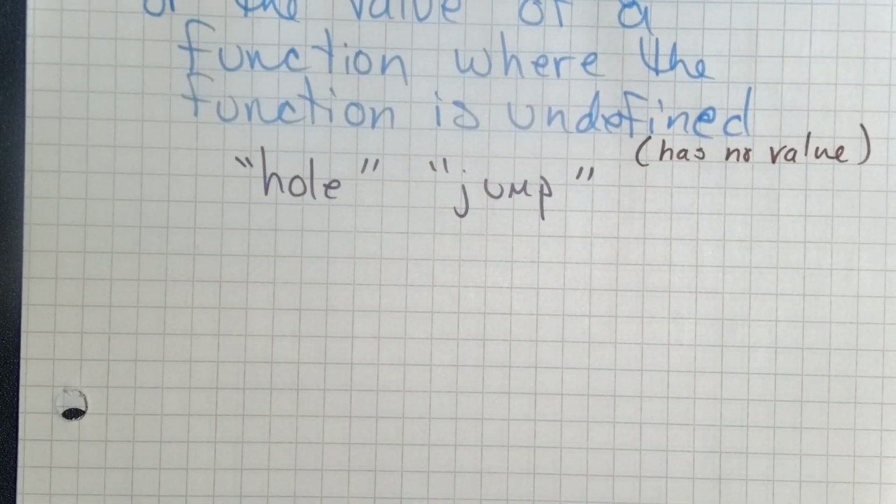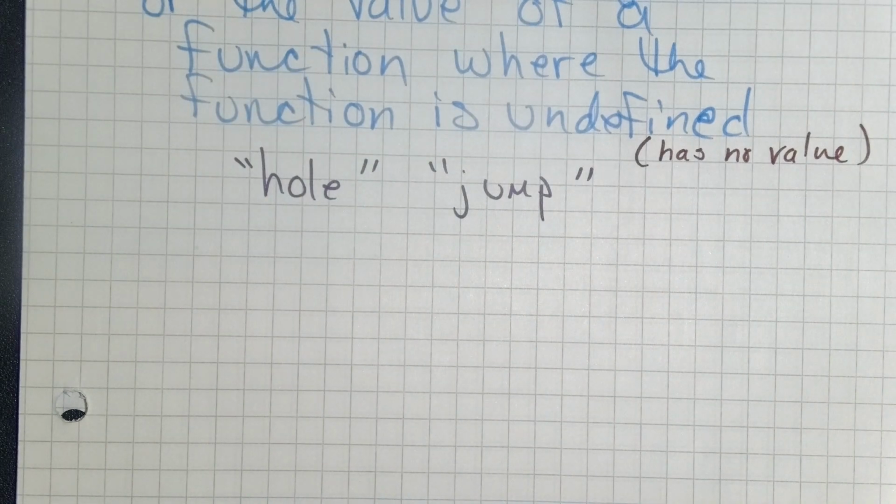All right, the last thing before we get to our examples. This is really, really important. Actually, this is the most important thing for limits, because if this thing does not happen, then the limit doesn't exist.